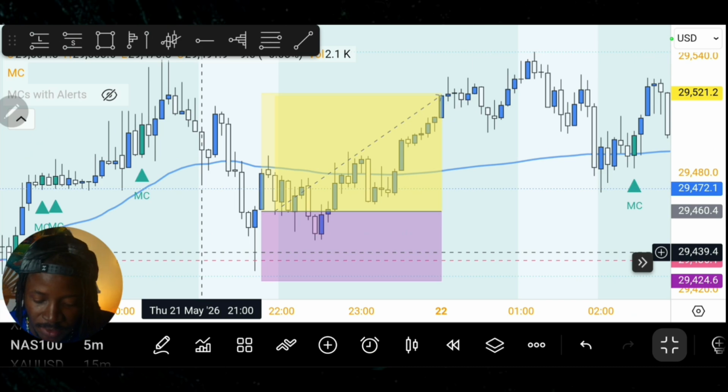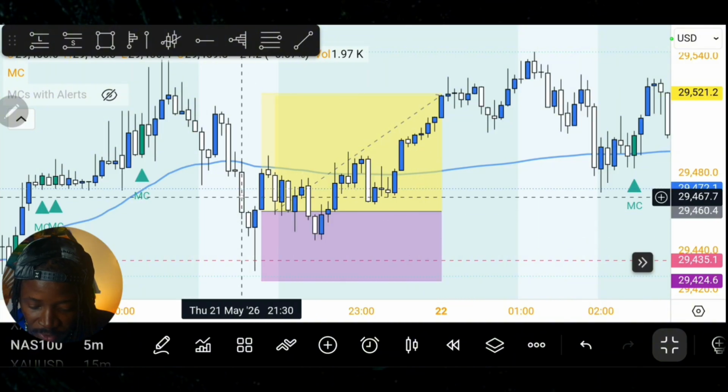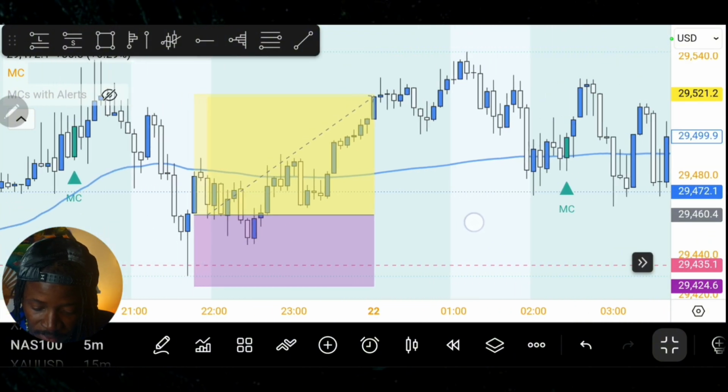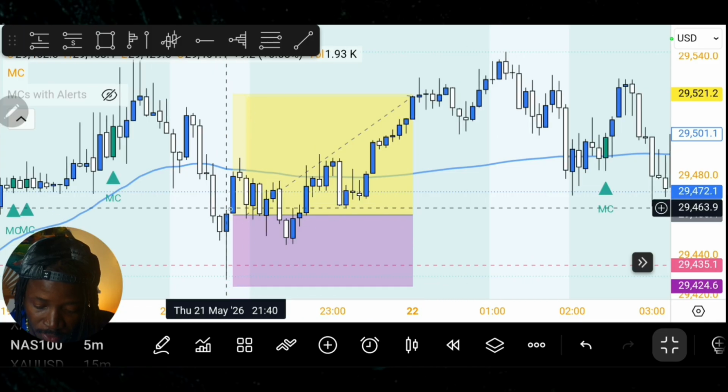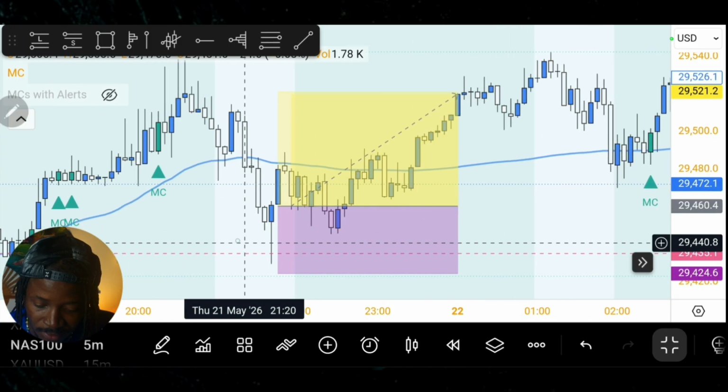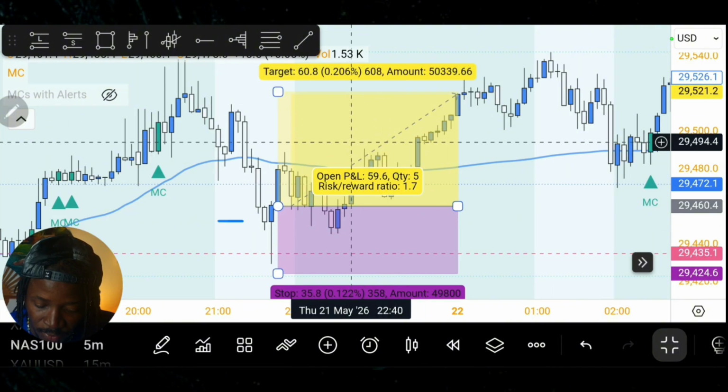You won't see, for instance, a buy if there's no trend. Like this, there was supposed to be an alert here, but because it was still seeing it as being outside the trend, there was no trade taken here, right? There was no trade taken here.